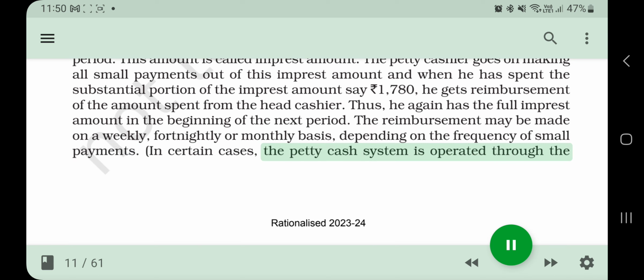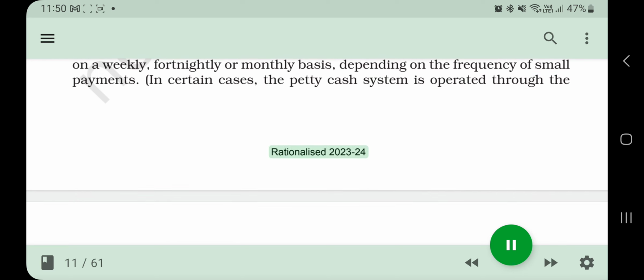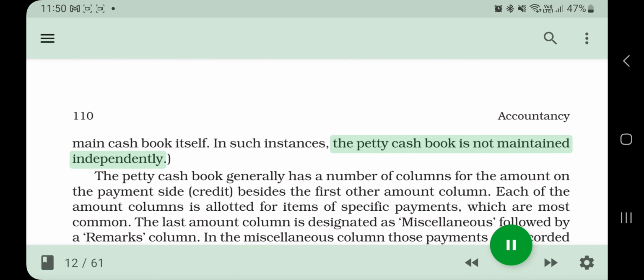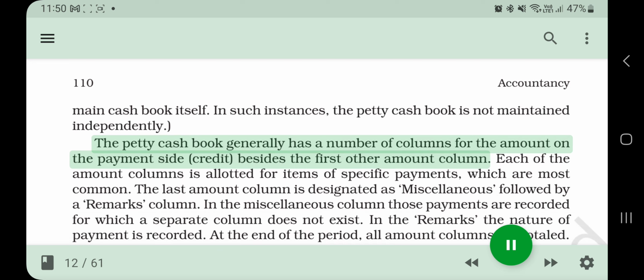In certain cases, the petty cash system is operated through the main cash book itself. In such instances, the petty cash book is not maintained independently. The petty cash book generally has a number of columns for the amount on the payment side, credit, besides the first other amount column.